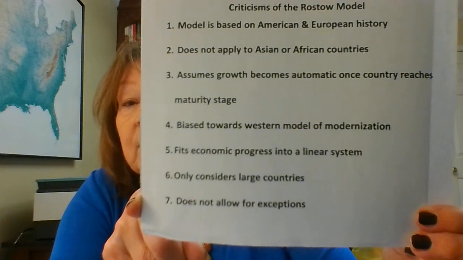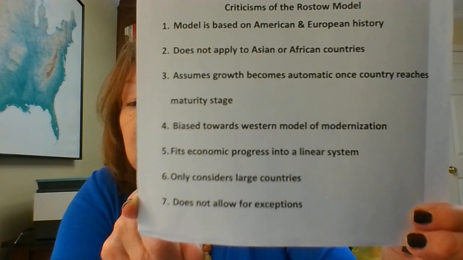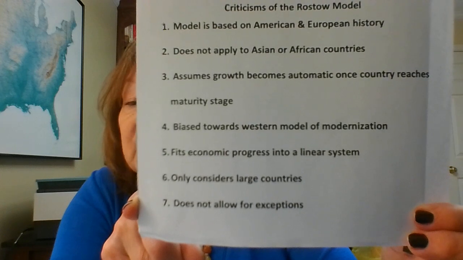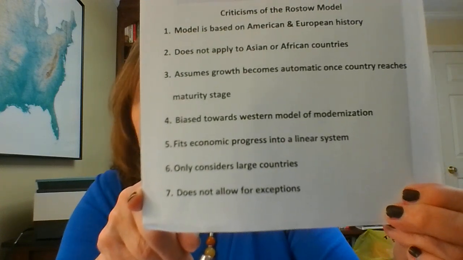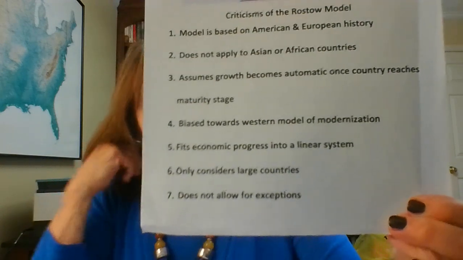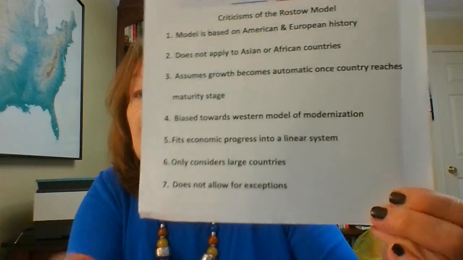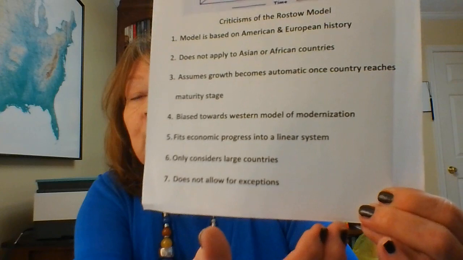But number five criticism is the most disabling assumption that Rostow took, of trying to fit economic progress into a linear system. Okay? As we saw before, he said you had to progress from stage one to stage 2, to stage 3, to stage 4.